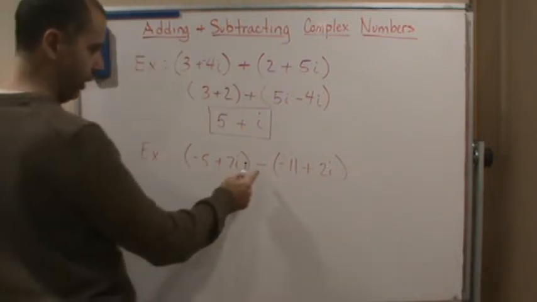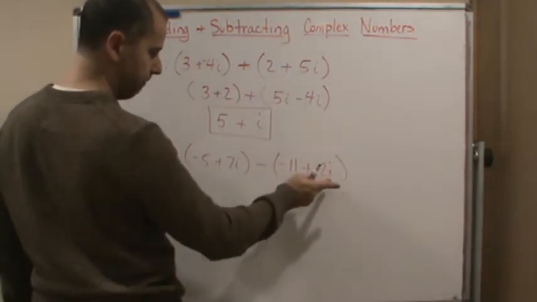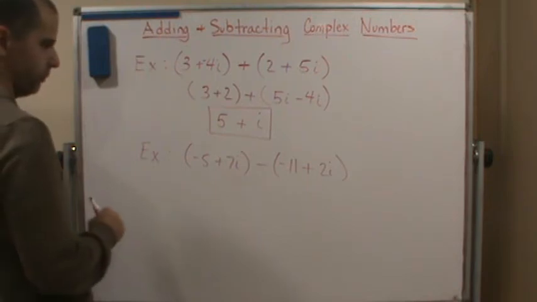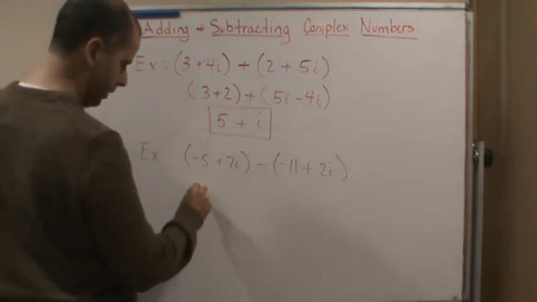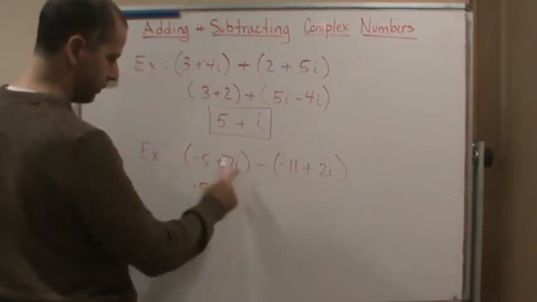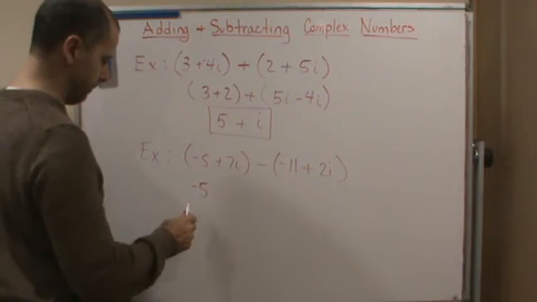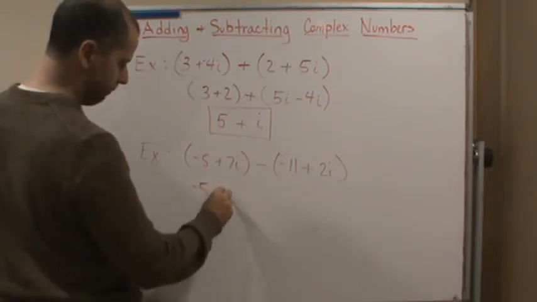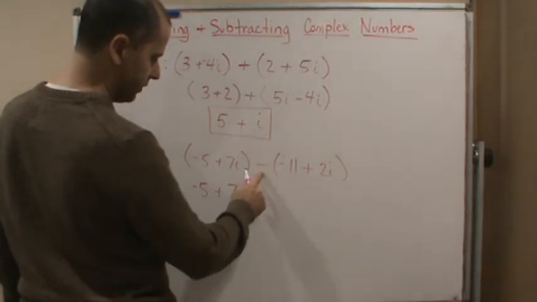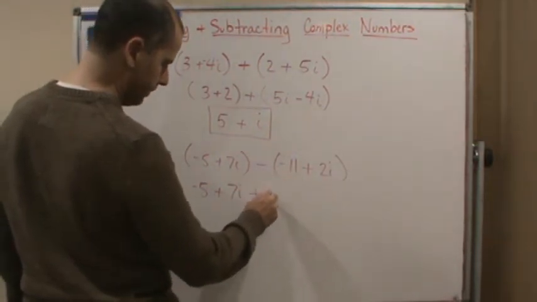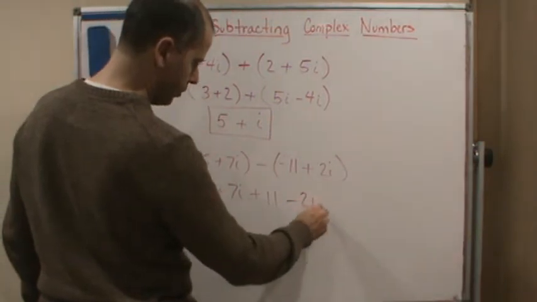Remember, if you want to just use the properties, you would distribute the negative sign. So I'm going to drop the parentheses and write this as negative 5 plus 7i, and distribute the negative. So this is going to be plus 11, and this is going to become a minus 2i.